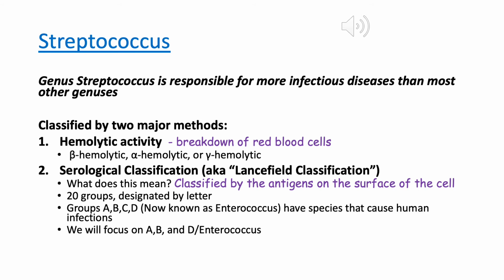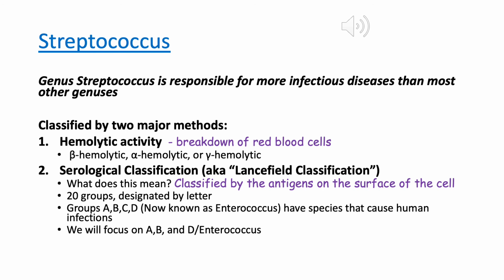And remember that antigens are what is on the surface of the cell. It's what's recognized by your body's antibodies when your body is attacking to try to protect you from an infection. So those antigens are on the surface of the bacterial cell, and that's one of the ways of classifying the bacteria.